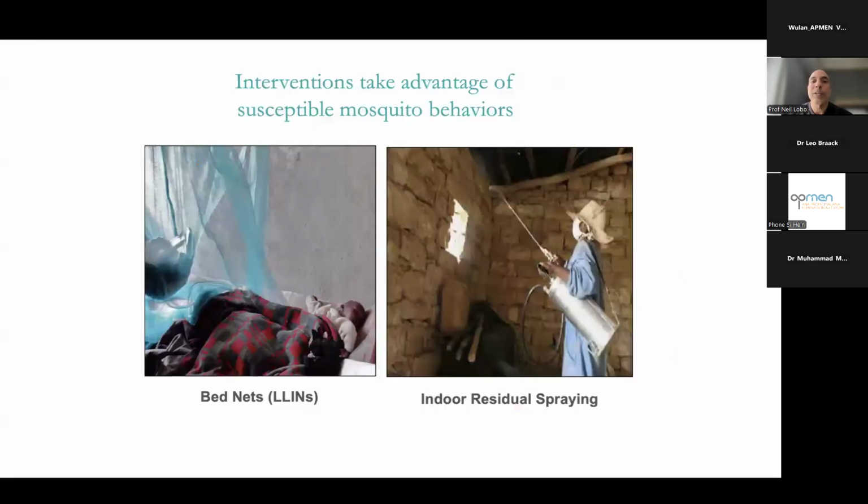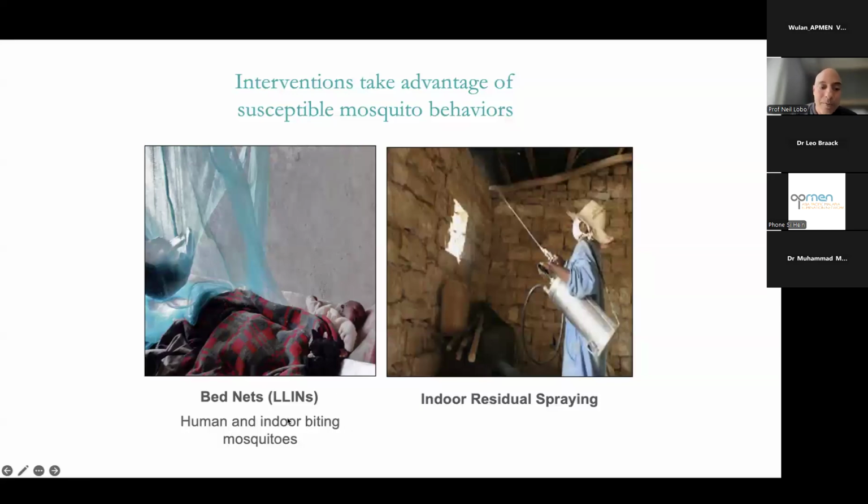Now, how do interventions work? A vector control intervention takes advantage of a susceptible mosquito behavior. If you look at bed nets, for example, or ITNs, bed nets function on human and indoor biting mosquitoes. If your human is outdoors, your bed nets don't work. If your human is not under the bed net, like this little child sleeping with the bed net right next to her, the bed net's not going to work against that human.